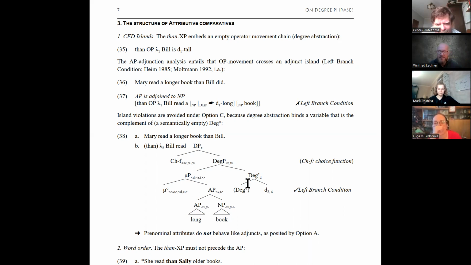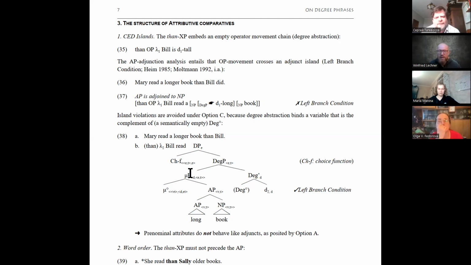And if one looks at the details, which I spare you here, that degree will be located in the complement position of the degree head. So if you assume that this is then Bill read, then you can create a licit operator chain by simply abstracting over that degree and combining that degree with the mu phrase.